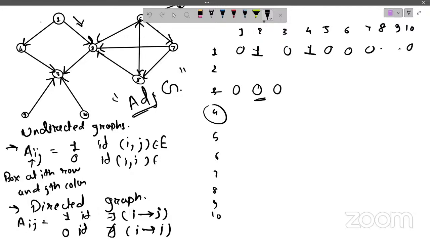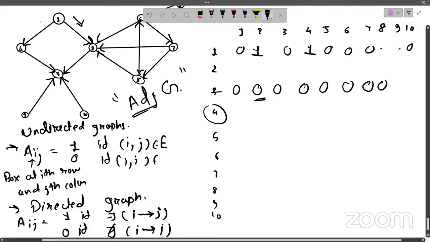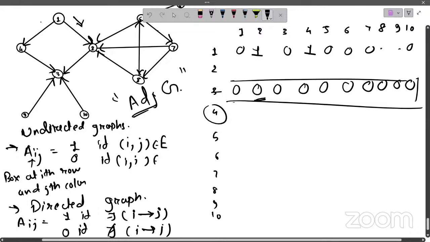Now again, there is an edge from 4 to 3, not from 3 to 4. I want 3 to 4, not 4 to 3, so that's why it is also 0. And all other entries will also be 0. Again, there is an edge from 9 to 3, but not from 3 to 9, so that's why this entry will be 0. So observe, this whole row will become 0.